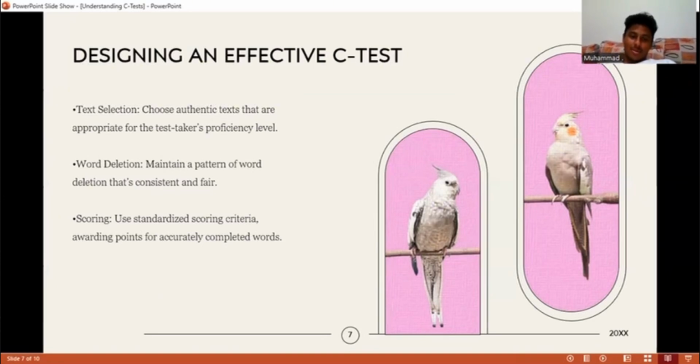Scoring: use standardized scoring criteria, awarding points for correctly completed words.